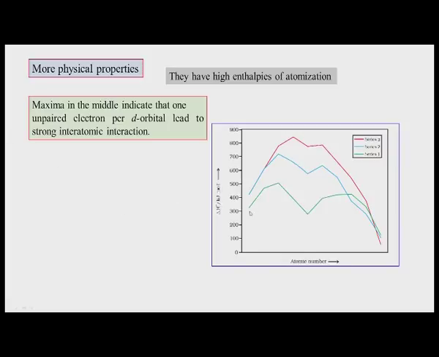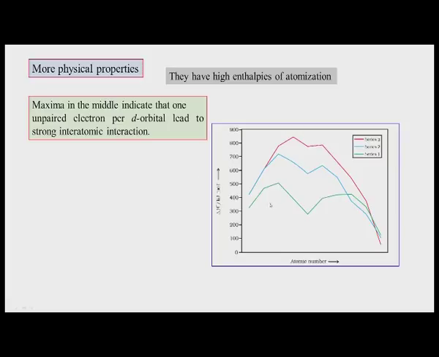Why is it single electrons? Because we are having 5 d orbitals, or the 5 d levels are there. So, the first electron will go to the first d orbital, then the second, then the third and then the fourth, like this.